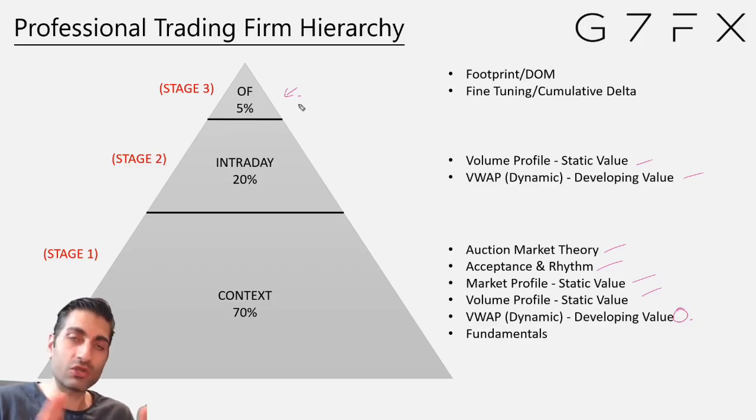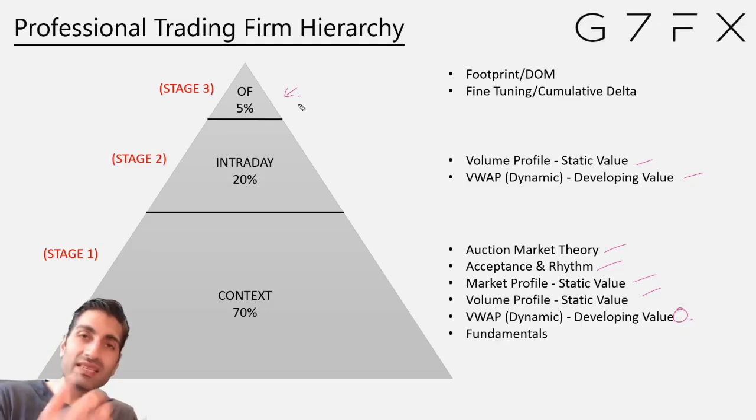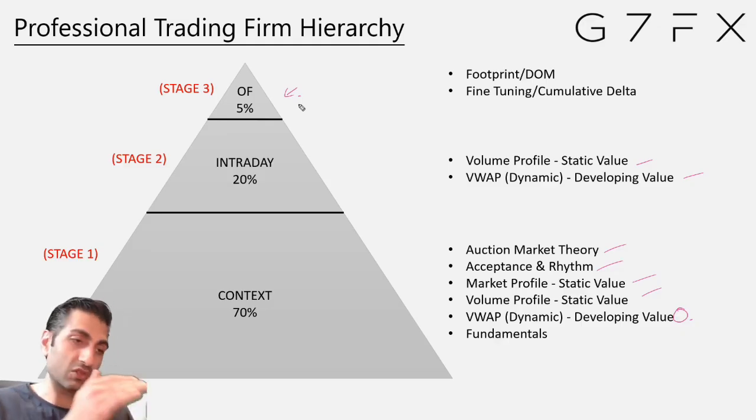But just like the depth of market, you needed to look at it to understand the other order flow components, because it's literally the foundation of it, right? Obviously, you've seen volume profile builds up. You needed to see it. In the same way, I want you to look at footprint so you understand delta. Because what you'll notice is in the footprint, I talk about delta a lot.